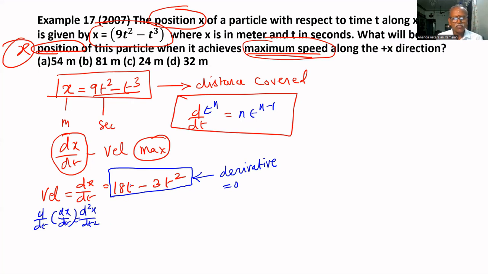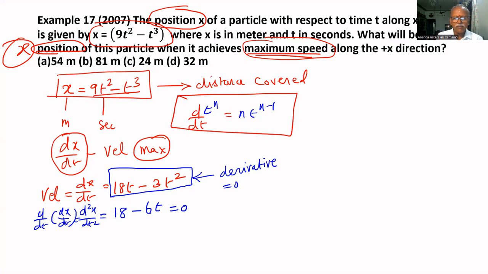D square x by dt square: if we differentiate 18t, it will become 18, because t power 1 minus 1 is t power 0, and anything power 0 equals 1. Therefore, 18 minus 6t you will get. This must be equal to 0 to get the maximum value of velocity.